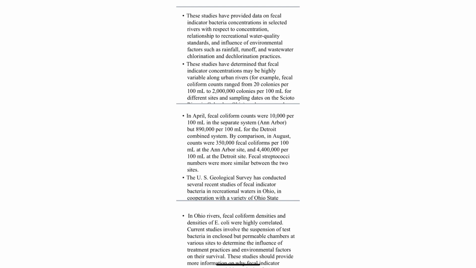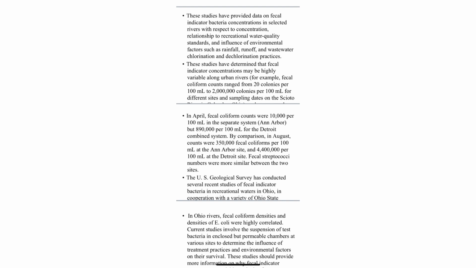Now comes the concentration, which is a very important role player here. As you see in the second point on your screen, the fecal indicator concentration may be highly variable in an urban river, ranging from 20 colonies per 100 ml to 2 lakh colonies per 100 ml.